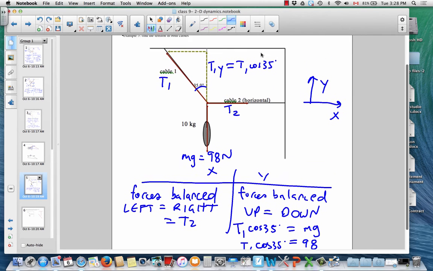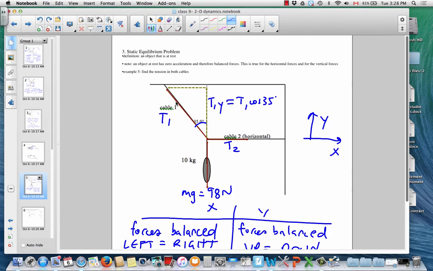Well, the force to the left comes from this cable pulling left. That's this component. So we're going to have to, again, use abstract trigonometry to get an expression for that. So the horizontal component, the amount of force from this cable, is going to be T1 sine 35, because that's the opposite side of the triangle.